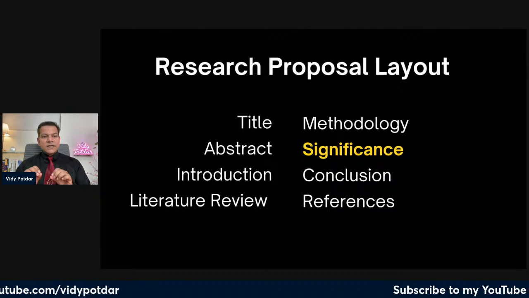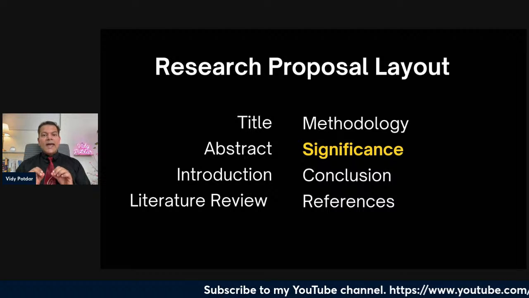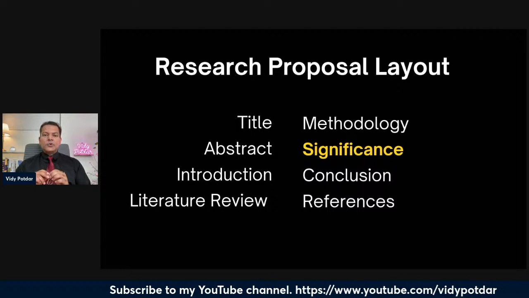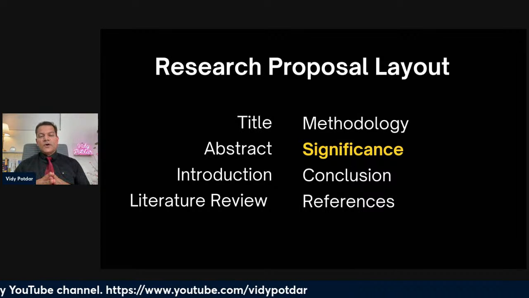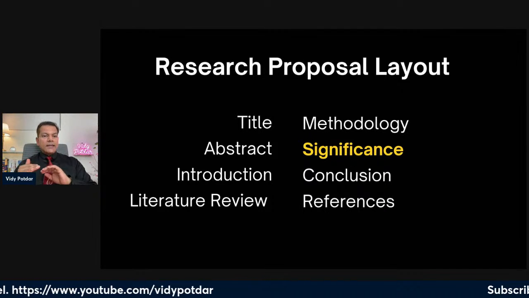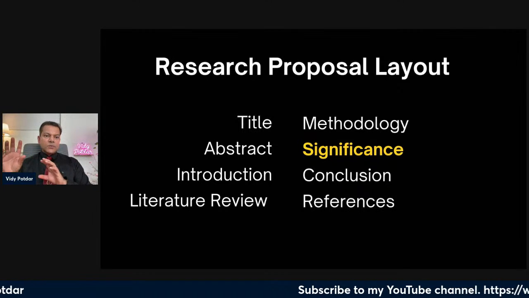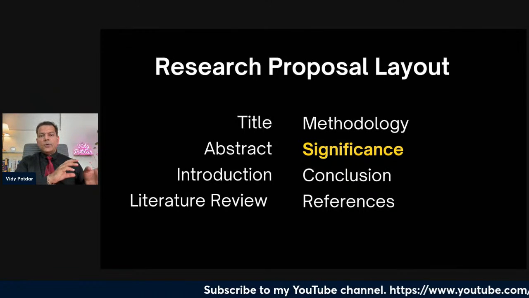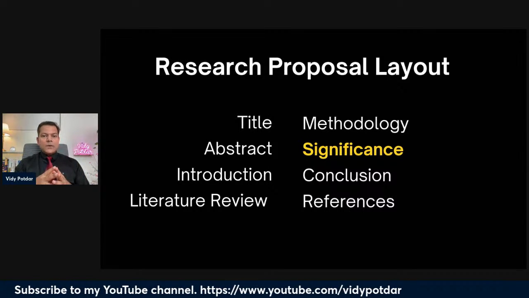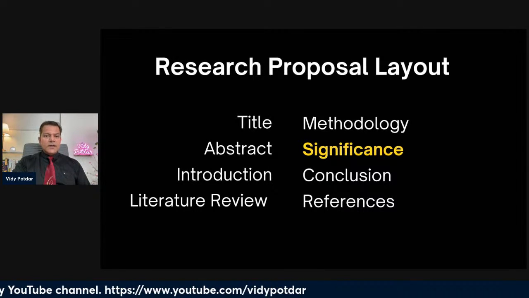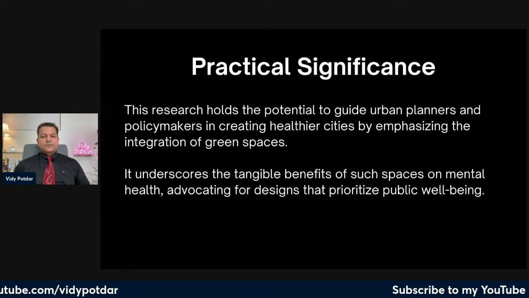But this is a section where you can spend a fair bit of time and thinking to list the different significance of your research. And when you're writing that, you may see that, okay, maybe I need to go and tweak my research question a little bit. So let's see the different categories of significance of your research.